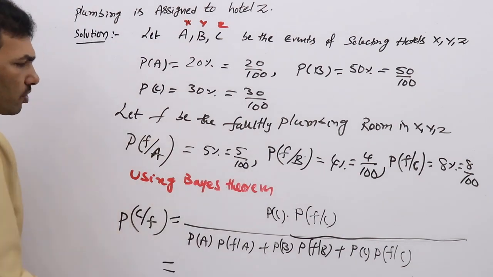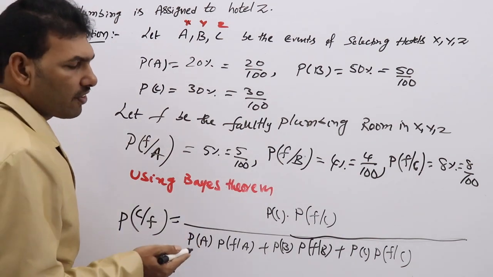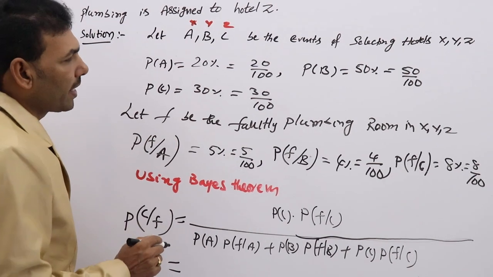Do you know the values of probability of C, F given C? All values are given very clearly.